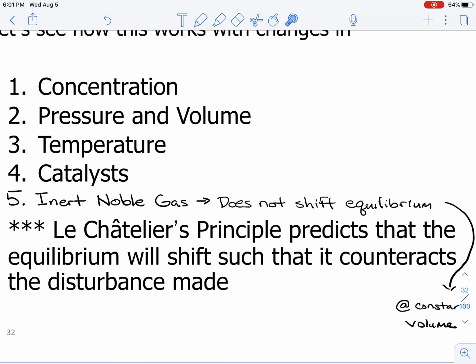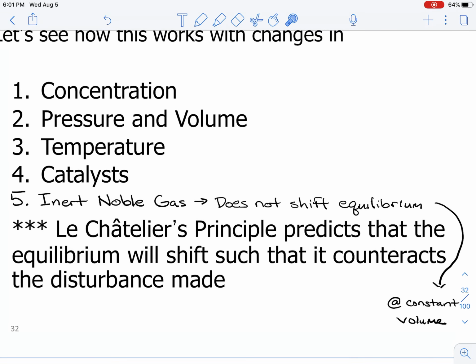And so overall, if we were to apply any of these stresses to a system that's at a state of chemical equilibrium, Le Chatelier predicts that the chemical equilibrium will shift in such a way that counteracts the disturbance that was made.